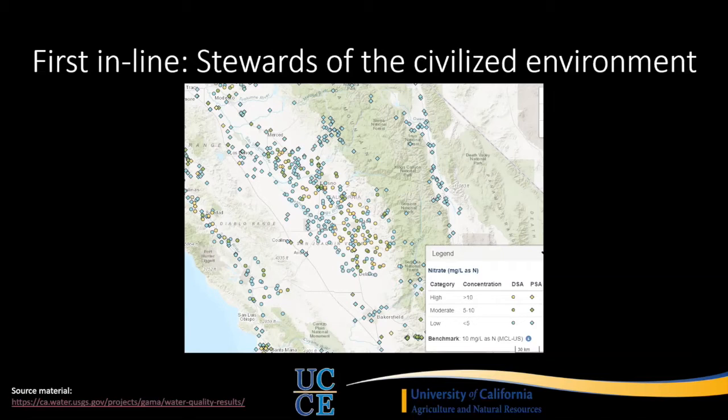This graph, for instance, depicts data from the U.S. Geological Service that color codes the nitrate or the nitrogen concentration of groundwater tested from wells centered around the southern San Joaquin Valley.